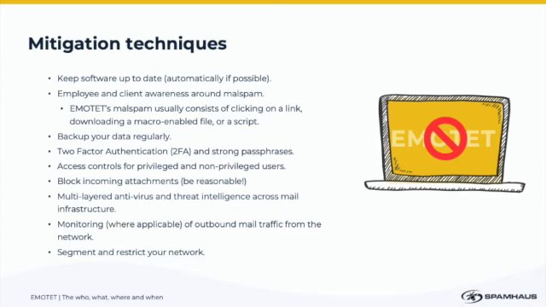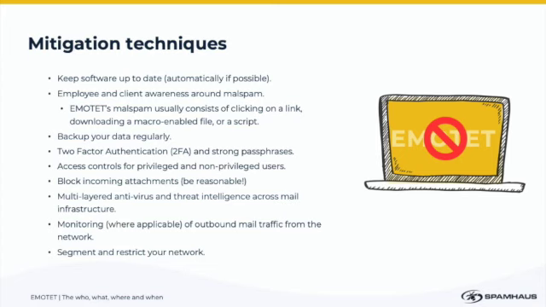This is something that you can detect with the right filtering. You'd be able to block a lot of this stuff from getting into the network if you say, okay, if it's macro enabled, block it, and that would stop a lot of this from getting into your network.